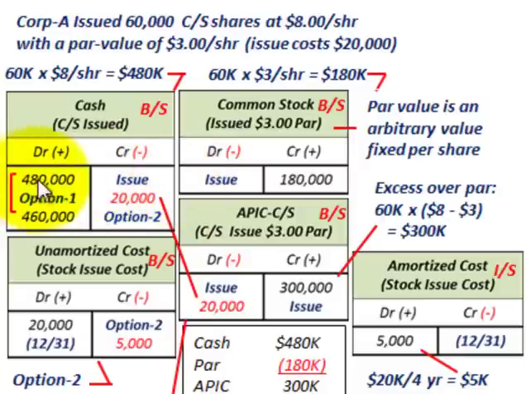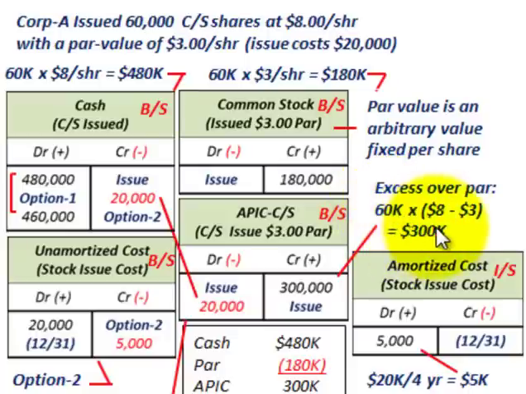Okay, so we've got our credit to common stock of $180,000, and we would have received cash of $480,000. So what we need is an additional paid-in capital credit balance of $300,000, and that's simply the excess over the par value. The par value is $3, and what we received is $8, so we have a $5 difference times the 60,000 shares issued.